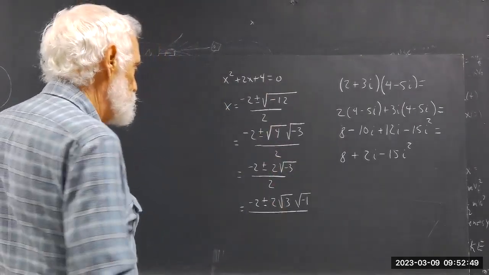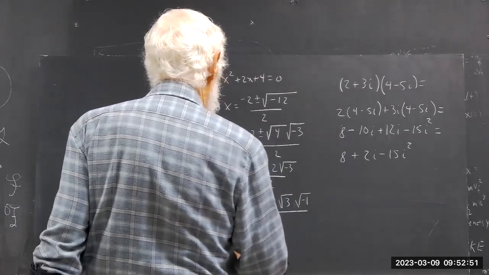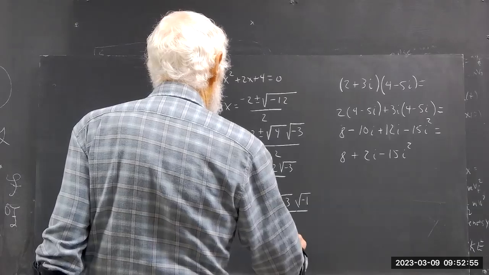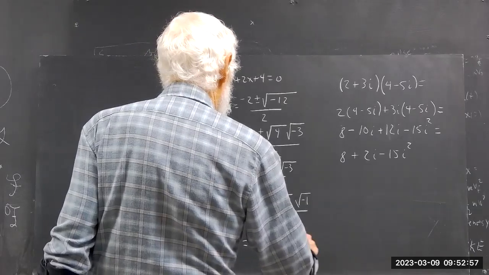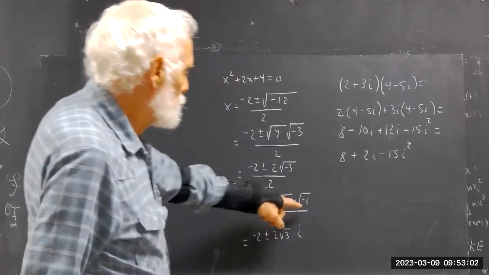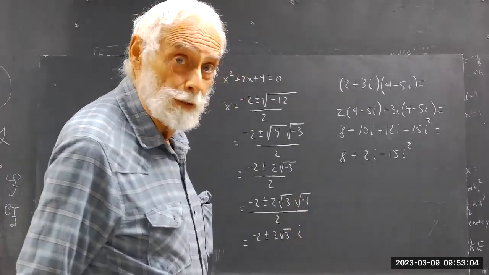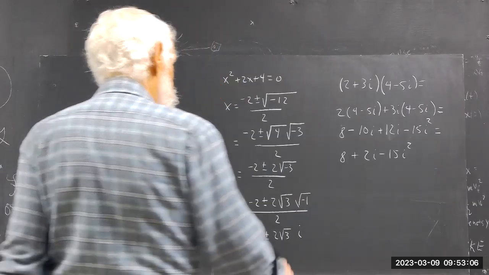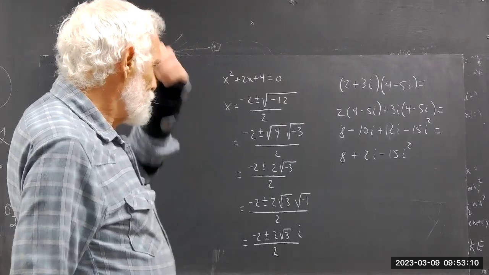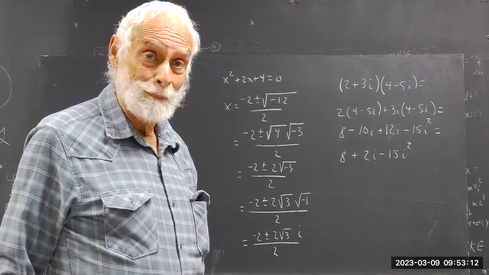So we can write it like this. I want to write i for the square root of minus 1. I said it can't be a real number.